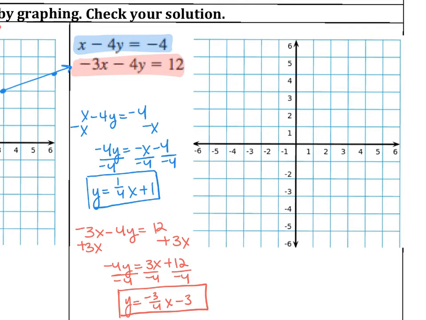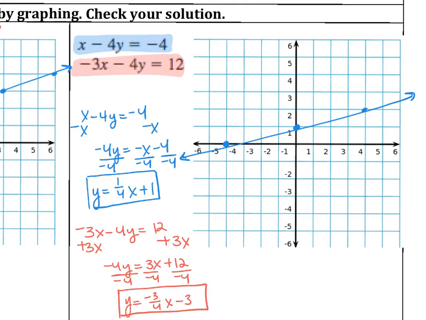My blue equation, I'm starting off at 1, and I've got a slope of up 1 over 4. And I can also go down 1, left 4. And do your best to accurately connect these points as best you can.